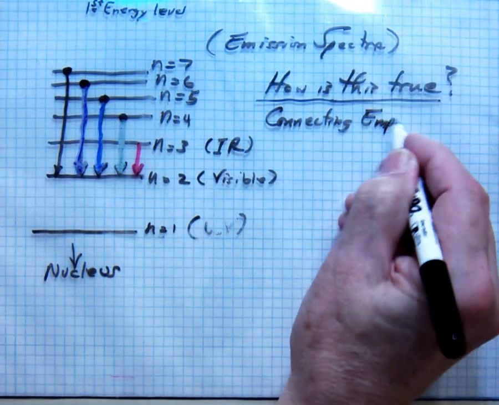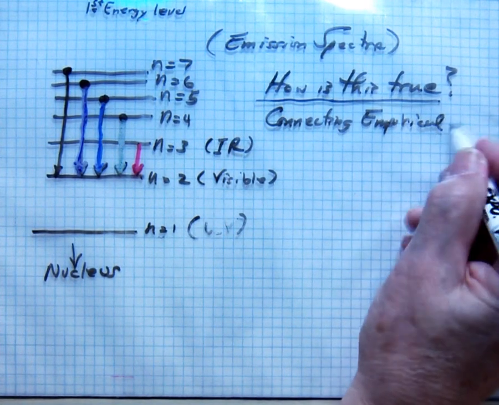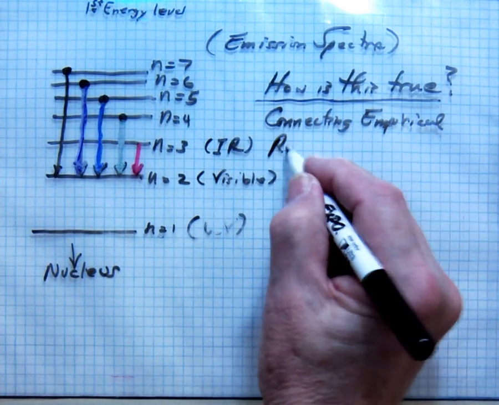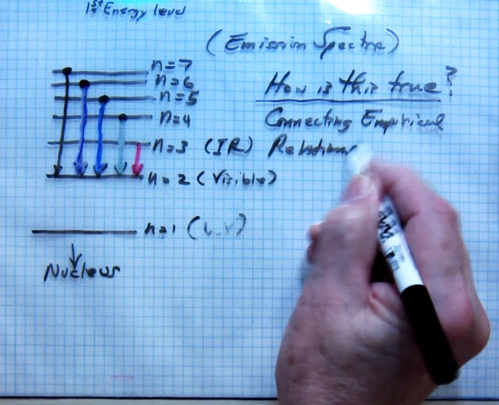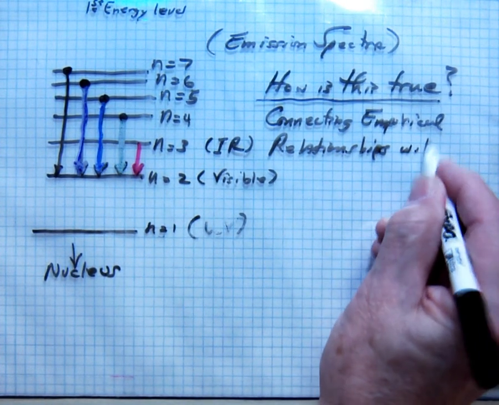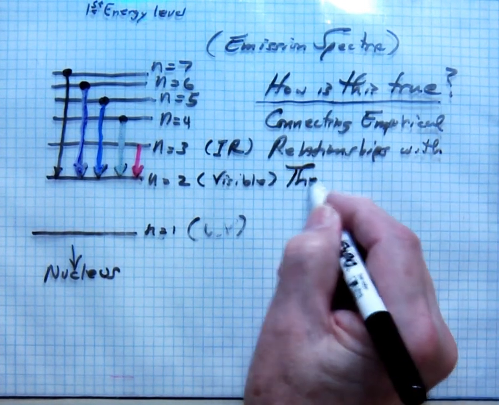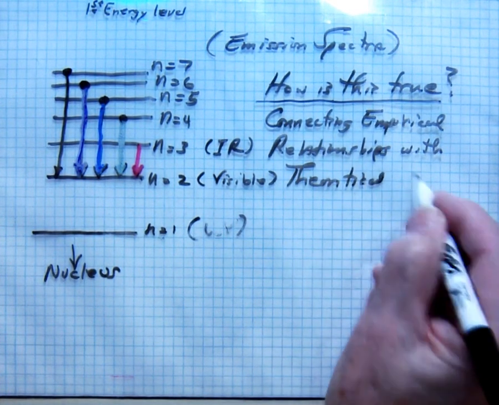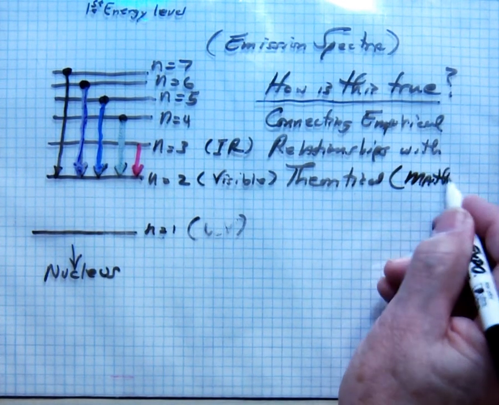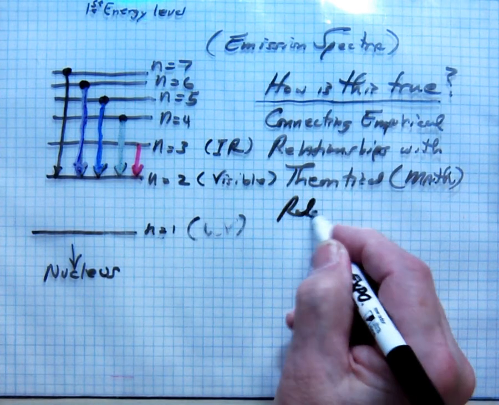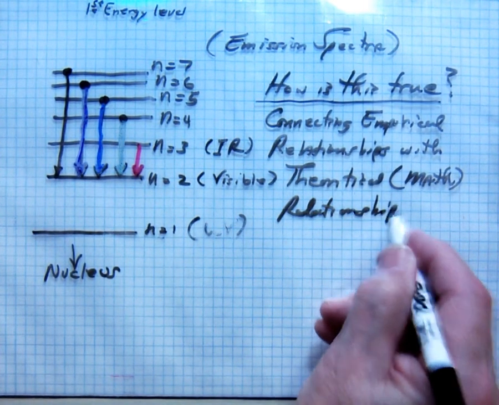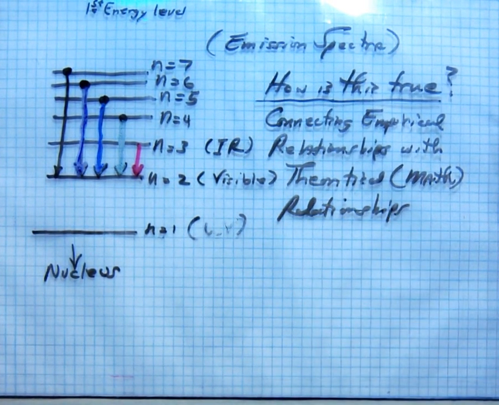Okay? So what we're doing is connecting empirical relationships with theoretical, i.e. math, relationships. Okay? That proves it. It's indisputable. I'm going to derive an equation that says when an electron lives in n equals 2, it has this much energy.